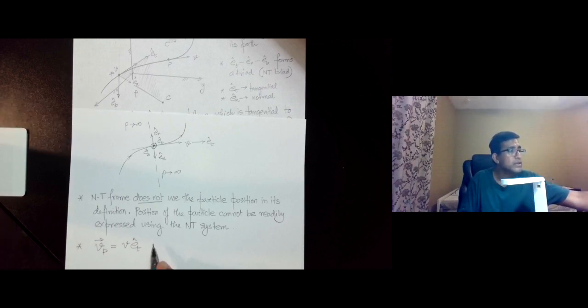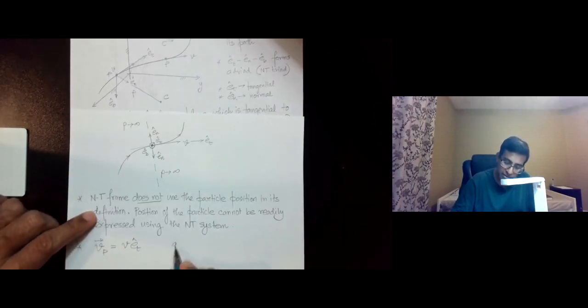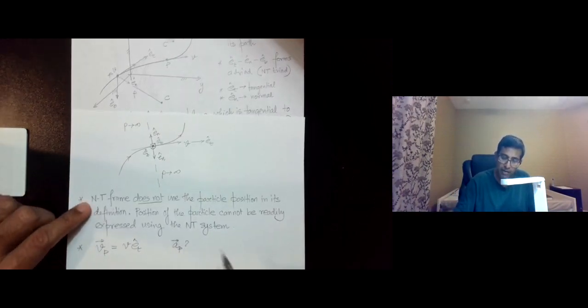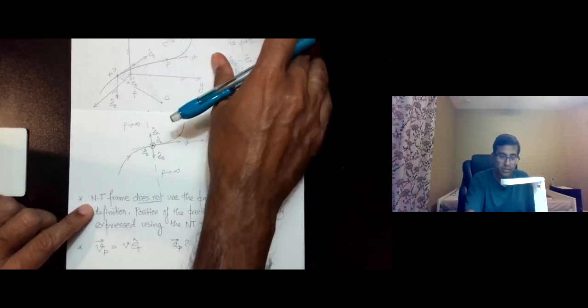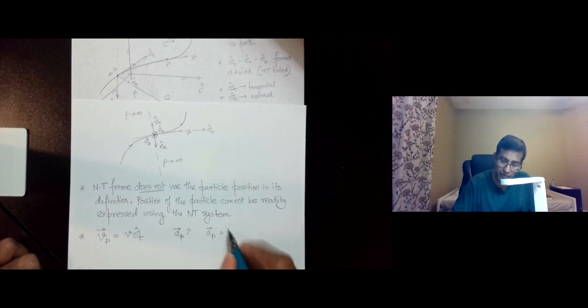Next, the question is then, what is the acceleration of the point P? Well, all we need to do is take the derivative of the velocity to find this acceleration. So we can say AP is equal to v dot et plus v et dot.